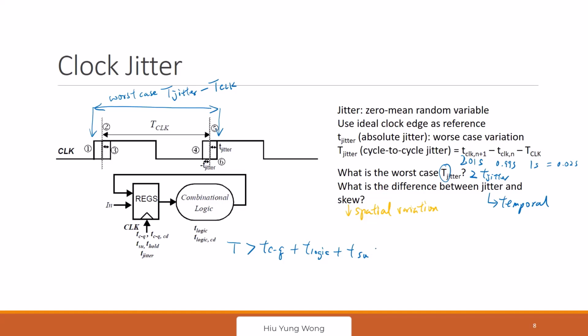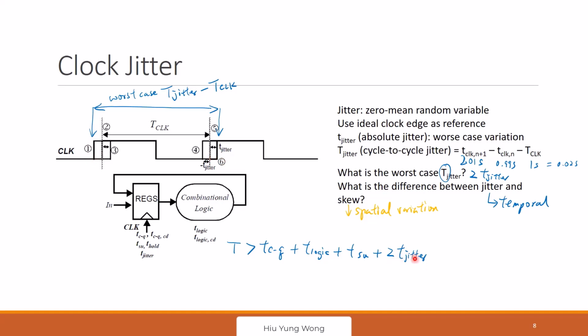So this will become 2T jitter. Because the worst case is that the first clock comes one small T jitter earlier, and the second clock comes one small T jitter later, right? So this is just like the cross skew. The difference is like 2 jitter.